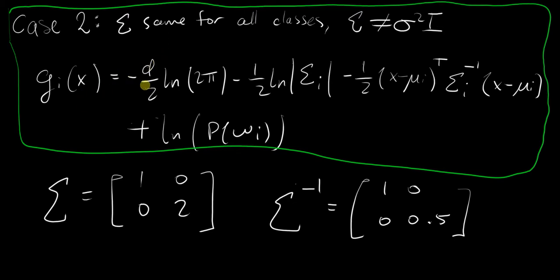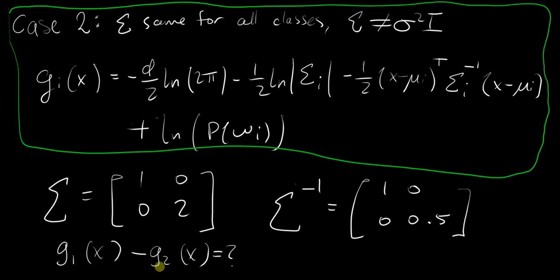In order to understand how to simplify this equation, we need to remember what we're doing with it. Ultimately we're going to see what's bigger, g1 of x or g2 of x. One way to do that is to just subtract them and see what the answer is.